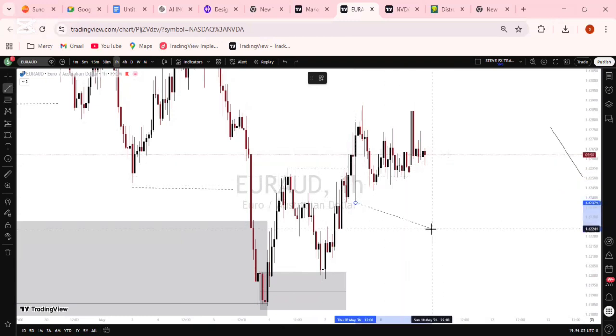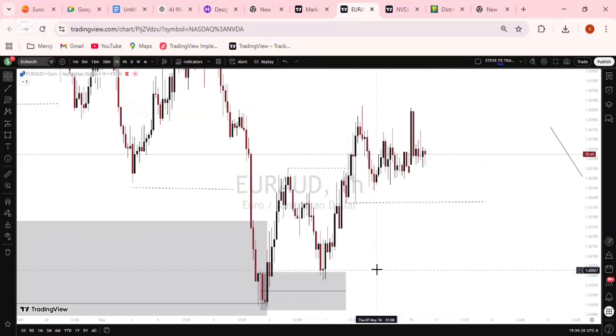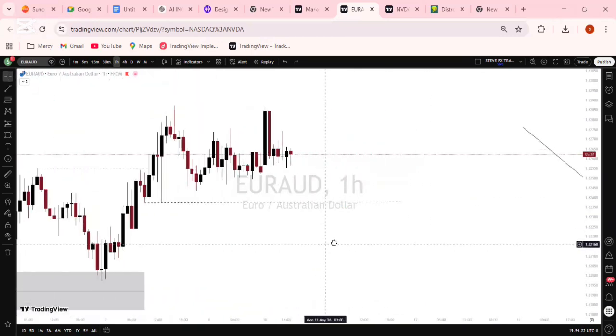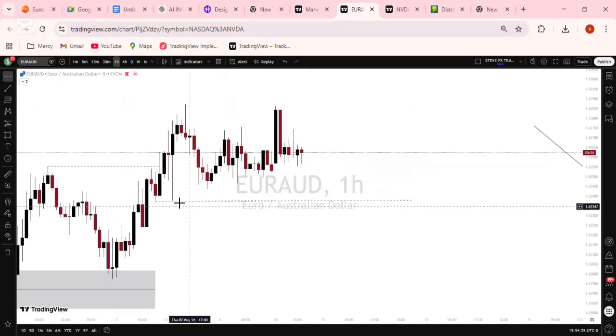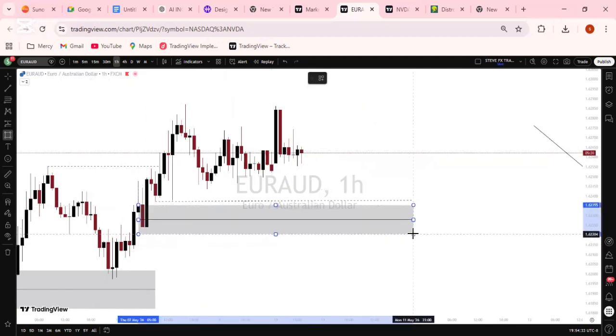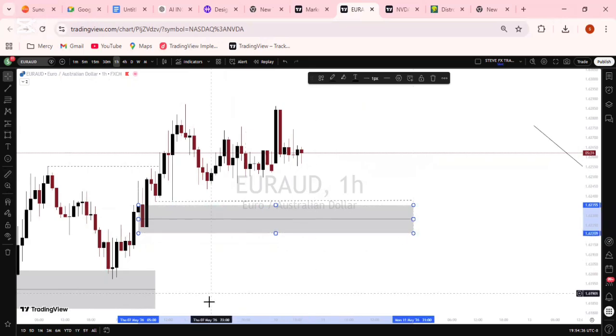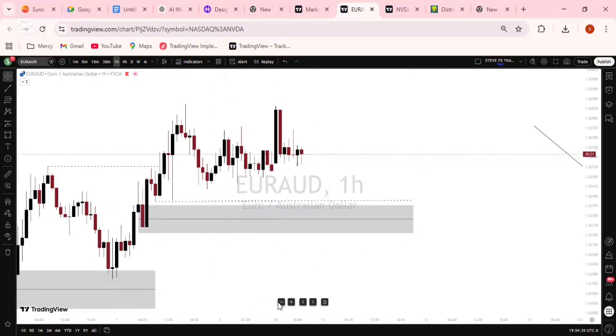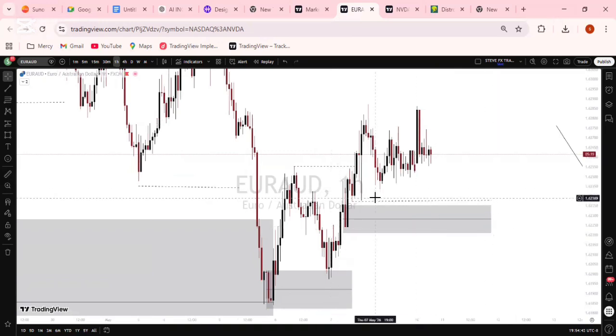Also, if we check the wicks around this particular point, these two look more like an equal low liquidity. Let's see it clearly. All right, so we are having an equal low liquidity, and we are having this order block just below that liquidity. So this will be our point of interest for EUR/AUD.